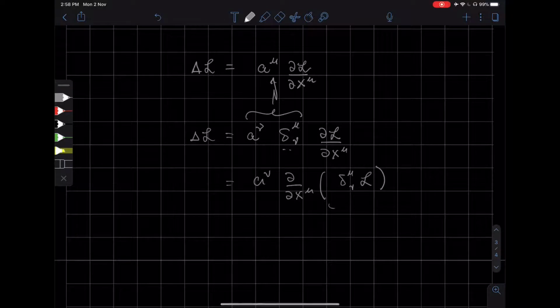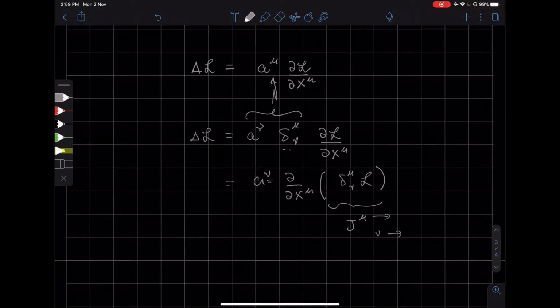And this is going to be our current J mu, but as I said, there's going to be 4 currents because there are 4 transformations. So we also need another index, nu. The mu index is the current index, and the nu index is the label of which current we are dealing with.